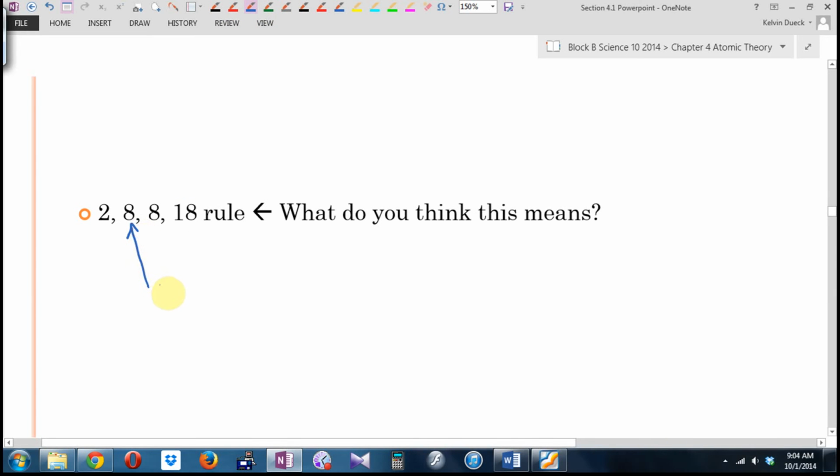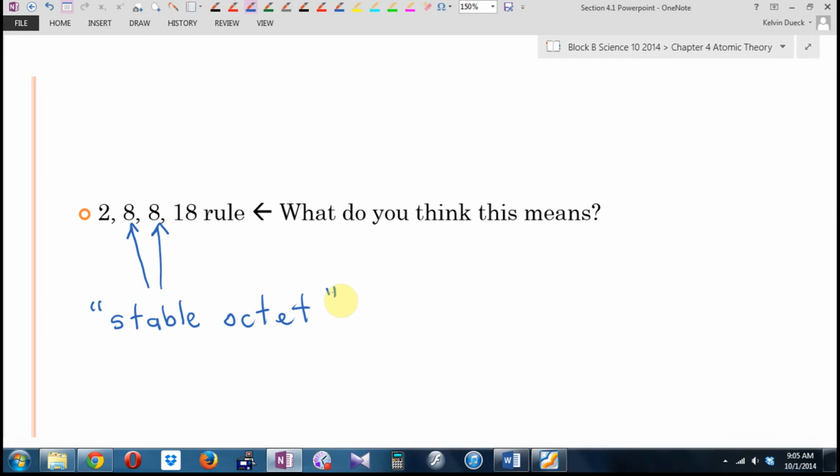If you draw a little arrow to the 2 8s, we call those stable octets. Oct, like octagon, 8. What we say is when you're in that row, the elements want to get stable octets. They want to have full shells of 8 electrons. So if you hear me use that phrase, you know you're in row 2 or 3, and you're trying to fill up with 8. You want a stable octet.